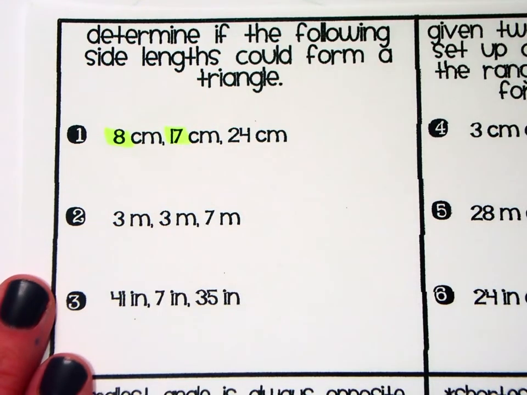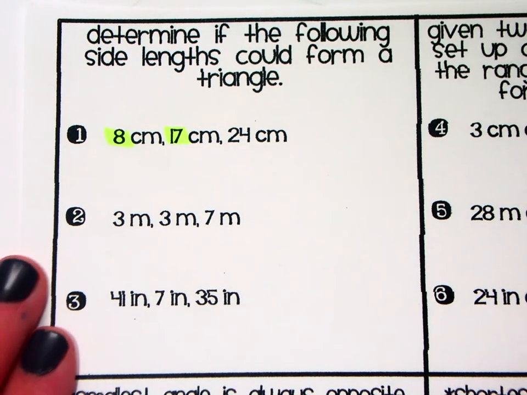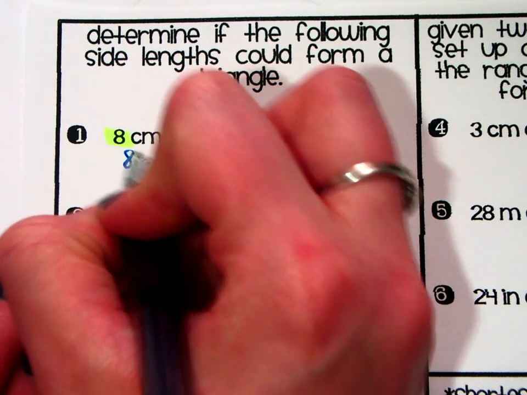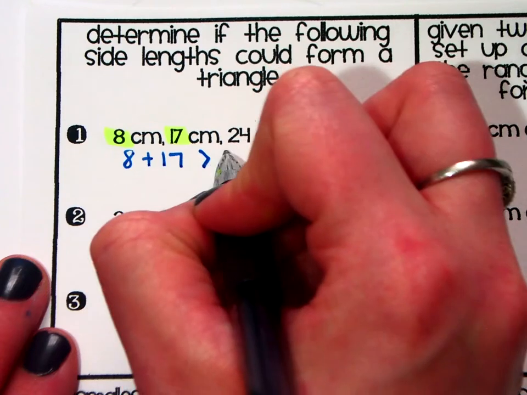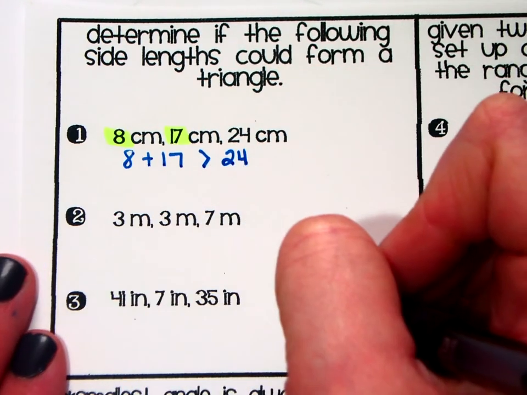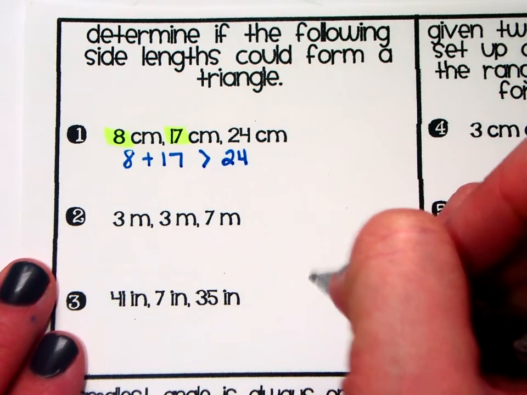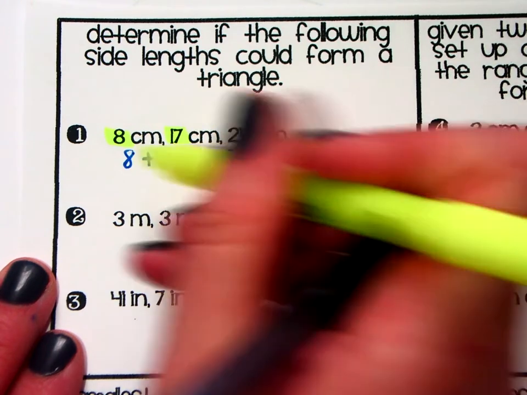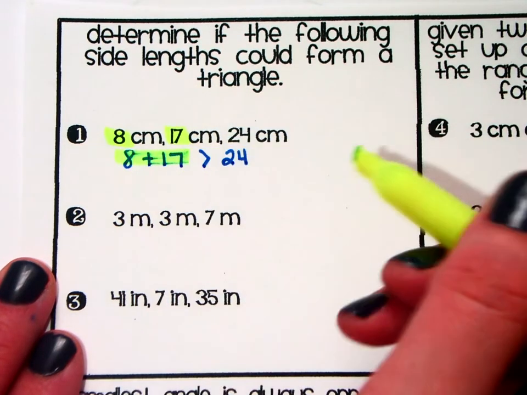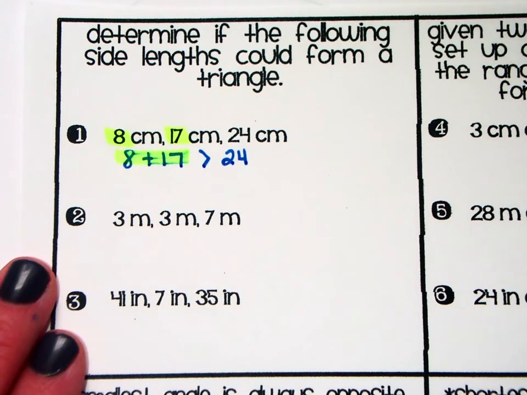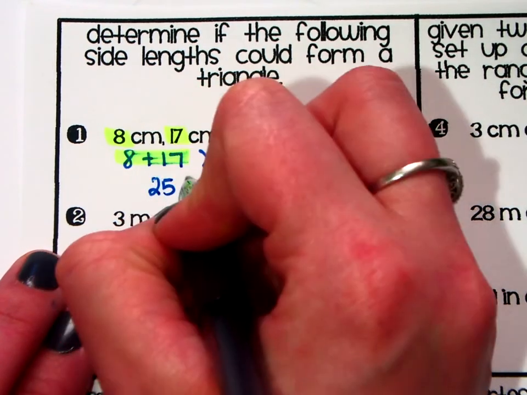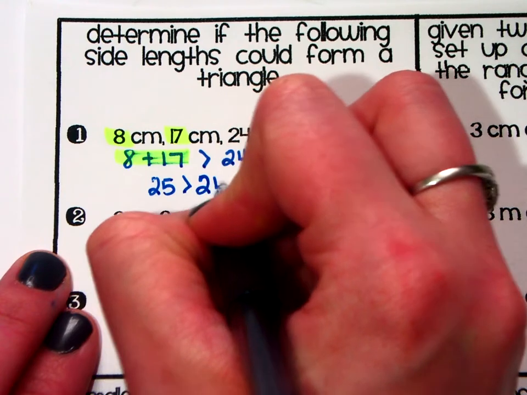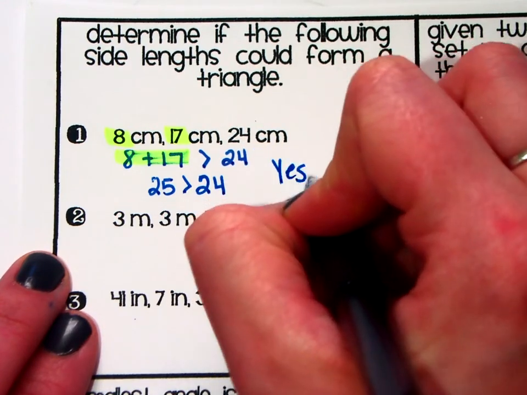What I'm going to do is add them together, and it must be greater than 24 because 24 is my biggest number. So all you're doing is adding the 2 smallest sides together. 8 plus 17 is 25. 25 is greater than 24, so our answer is yes.